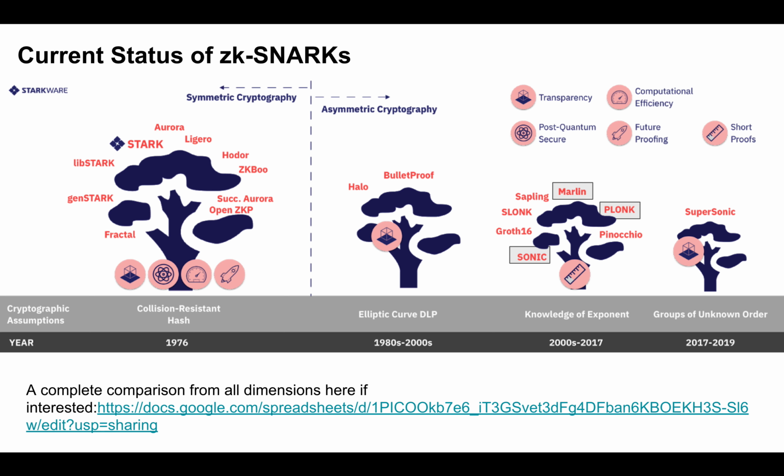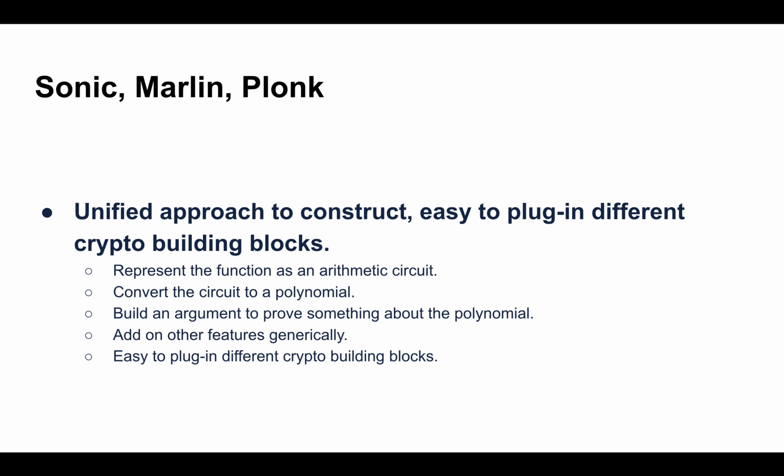If you are interested in the complete comparison among all constructions, you can see more details in this link. The reason we chose these three candidates is because they have the following advantages over other zk-SNARKs based on the knowledge of exponent assumption.